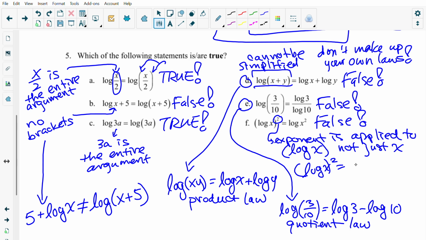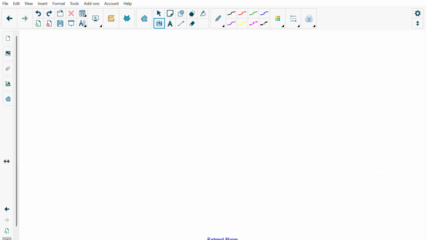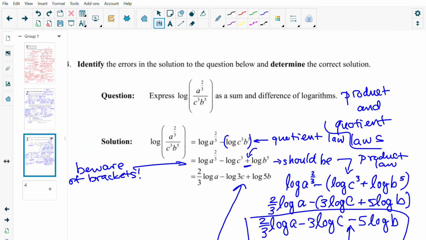So log of x squared, well, simple exponent laws, that's just log of x times log of x. While log of x squared, no brackets, if I apply power law, it's 2 log of x. So two very different things. So letter F is false. Okay, are we done here? Well, I think so. Yeah, that's it.